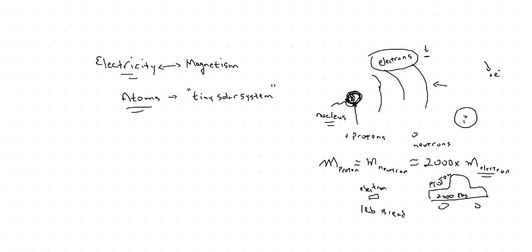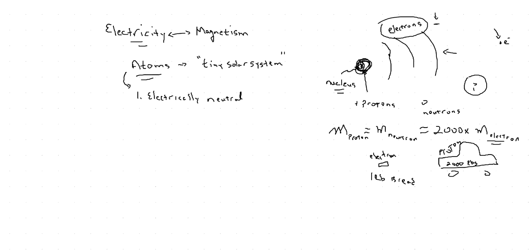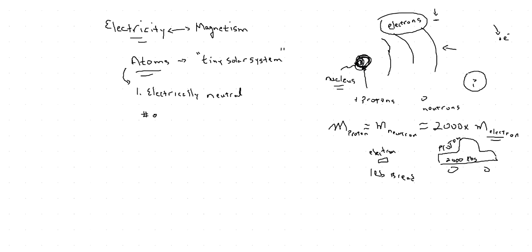So atoms now, one thing we're going to say is that they're electrically neutral. Right? What does electrically neutral mean? Well, what it means is that the number of protons, the positive charges, are going to be equal to the number of negative charges, the number of electrons. Very simple.